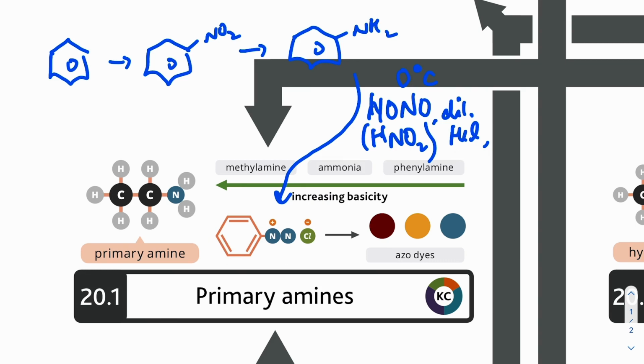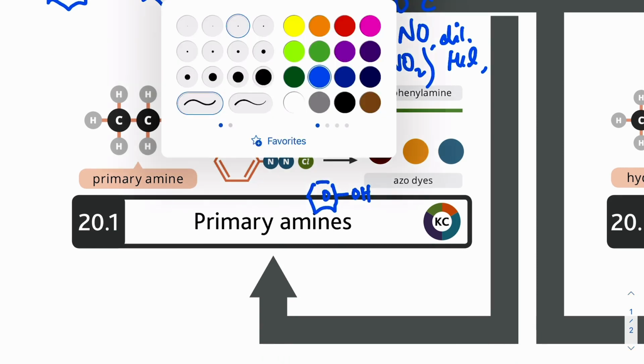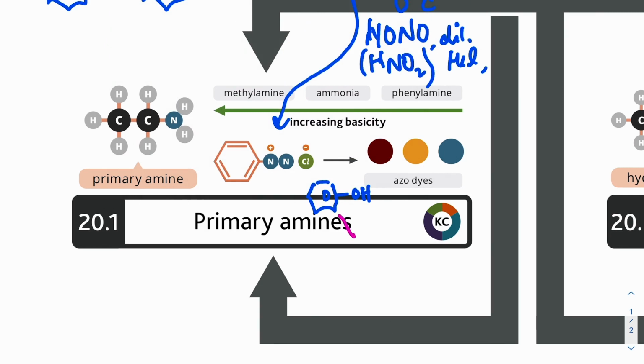And then they are used to make azo dyes, where you react that with a phenol component. But of course, phenol on its own is not very good, even though it's activated on positions 2, 4, and 6, depending on which one is available. It's still not very good in terms of activating until you make it into O minus Na plus or O minus K plus.